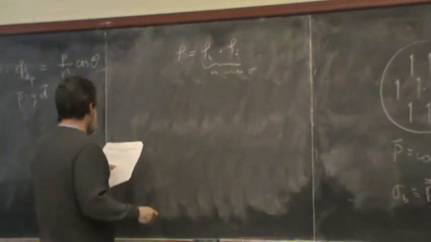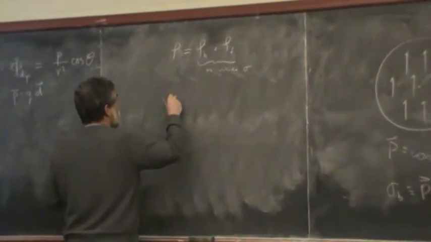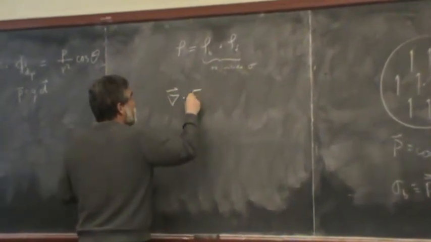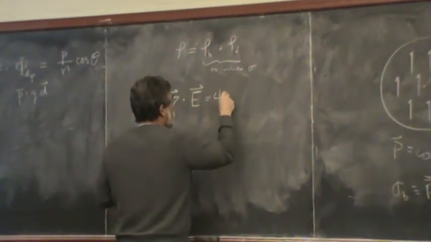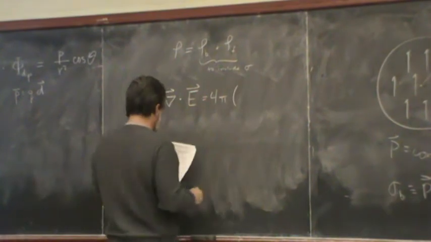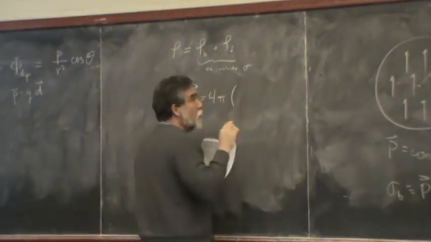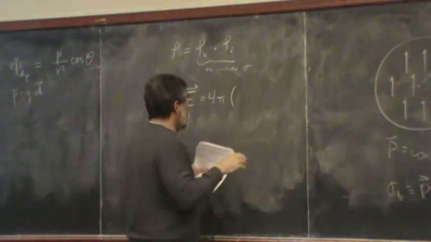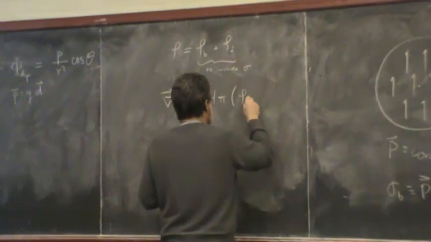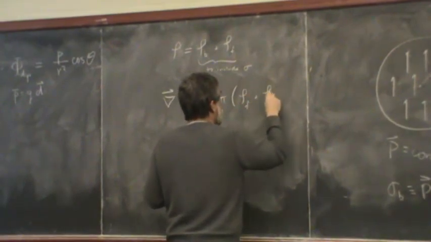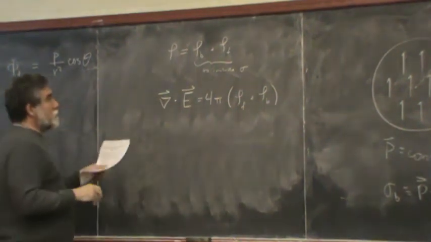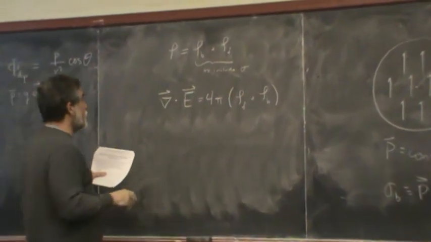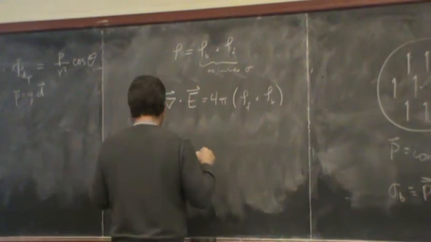And Gauss's law says that the divergence of the electric field is 4 pi times all the charge, rho, as rho free plus rho bound.